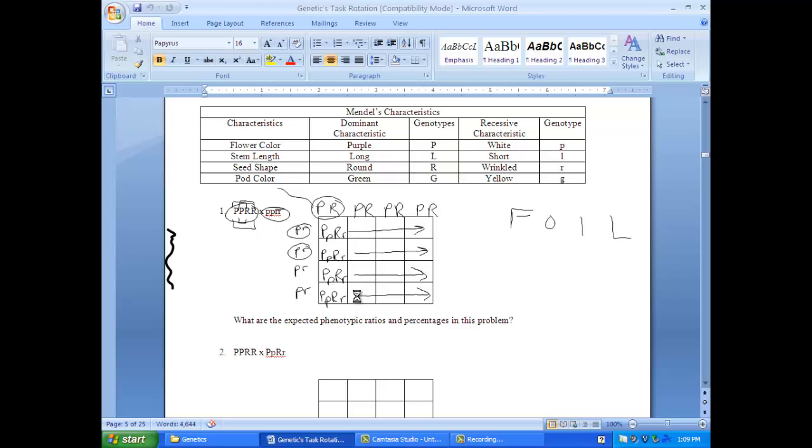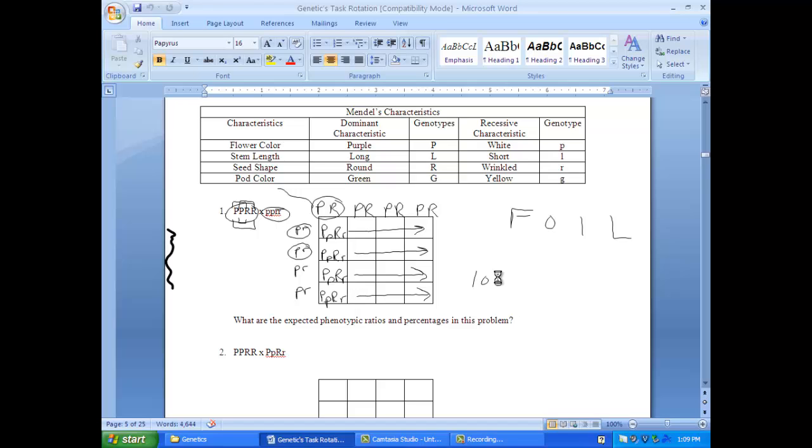All right? So now the question is, what are the expected phenotypic ratios and percentages in this problem? So remember, these are genotypes that you see within the box. The phenotypes are the actual, the physical expression of that trait. So since they're all the same, big P, big R, little r, we know it's going to be purple and round.